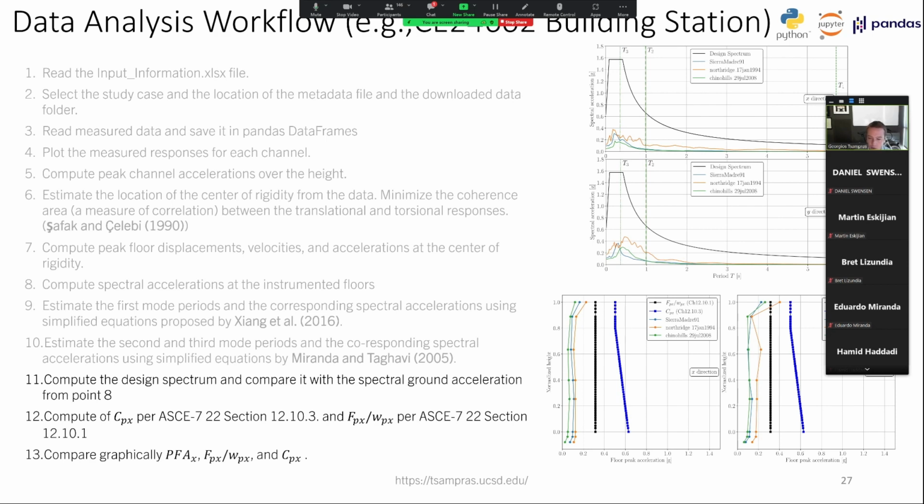And we can compute also the design acceleration coefficients according to ASCE 7 using the alternative design method based on section 12.10.3 and also the section 12.10.1, which is the commonly used method which traditionally has been in ASCE 7. And then we can compare graphically the peak floor accelerations and also the design acceleration coefficients that we come up with for each building station and event.